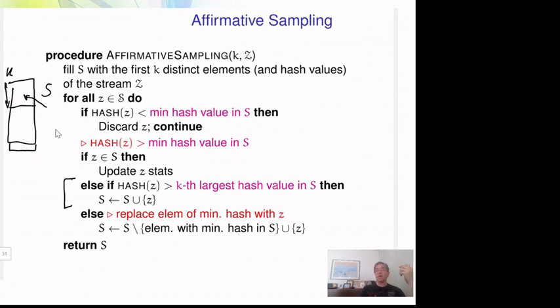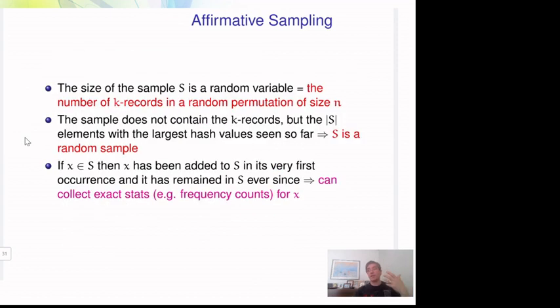But when an element is in this region with hash value below the k largest, but still larger than the minimum hash value in the sample, then this element gets kicked out and your element enters the sample. And what happens then is that the size of the sample is a random variable, and it's exactly the number of k records in a random permutation of size n. And this is something that we know very well how it behaves.